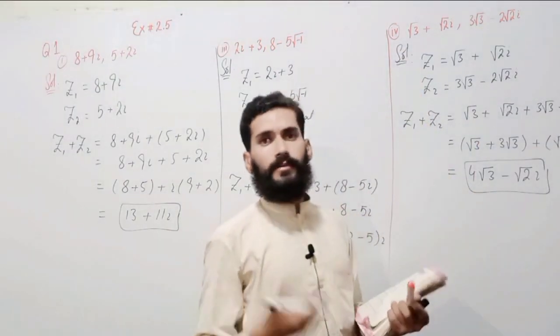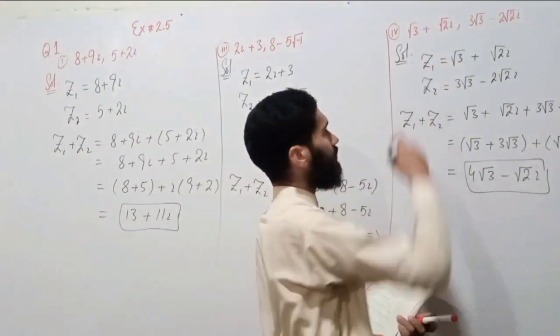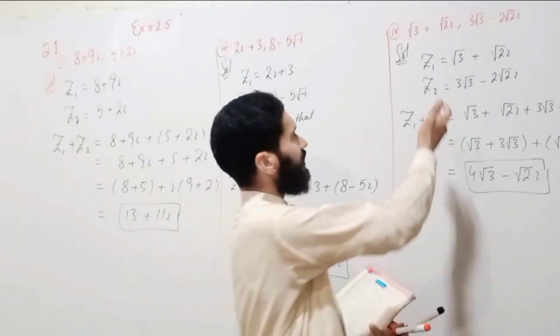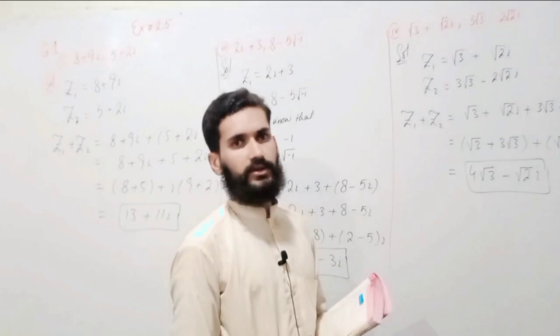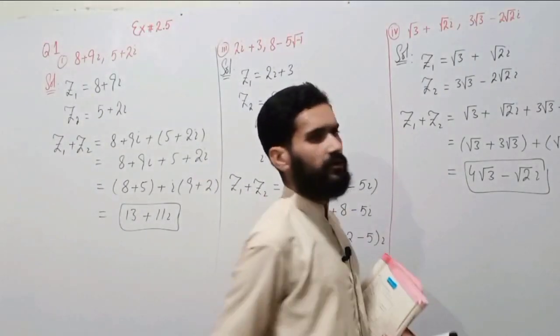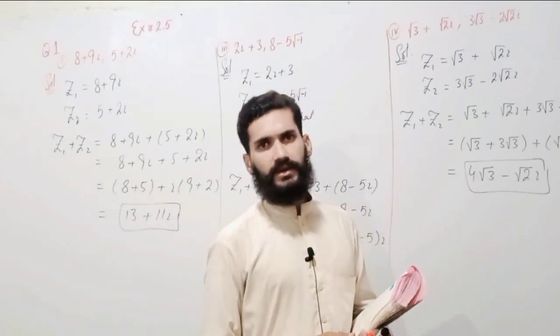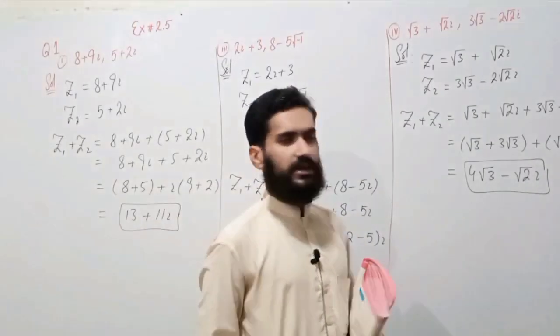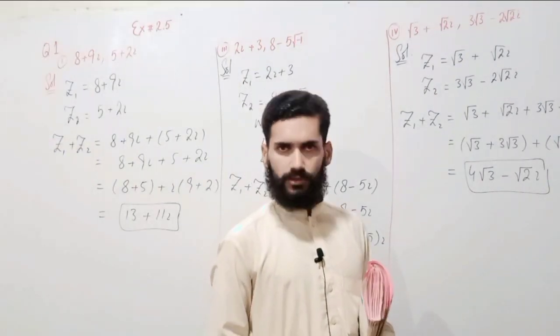Part 4 again: first name z1 as square root 3 plus square root of 2 iota, and the second as z2 equal to 3 square root 3 minus 2 square root of 2 iota. For the addition, z1 plus z2 is square root of 3 plus square root 2 iota plus 3 square root 3 minus 2 square root of 2 iota.